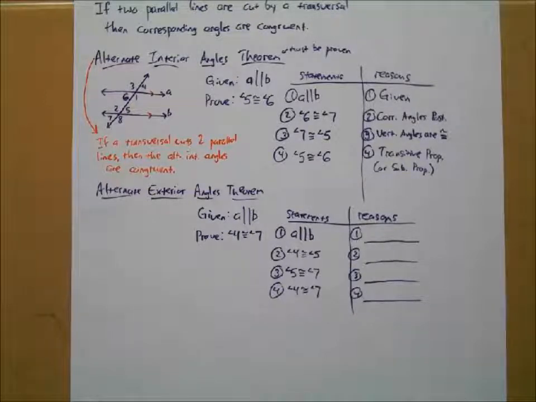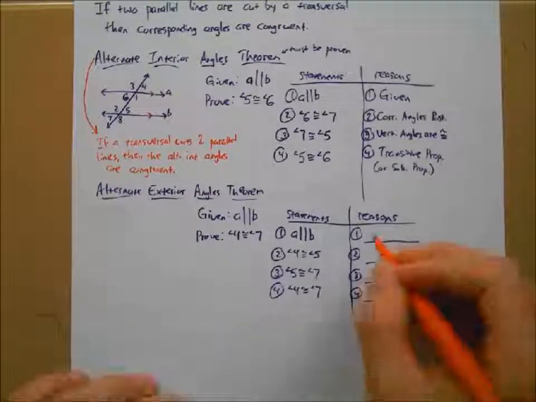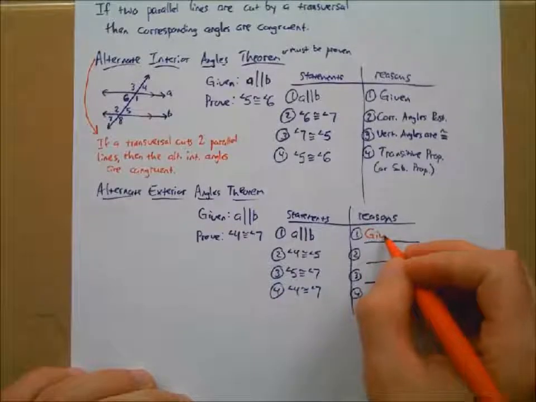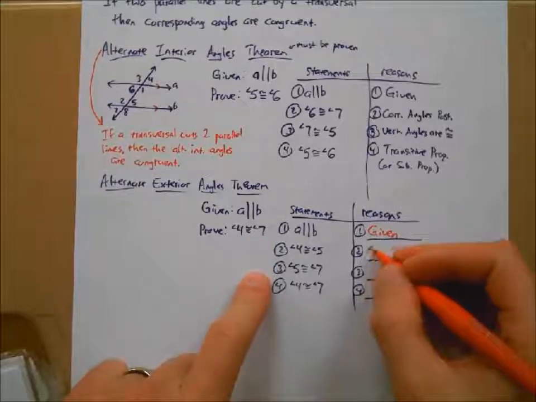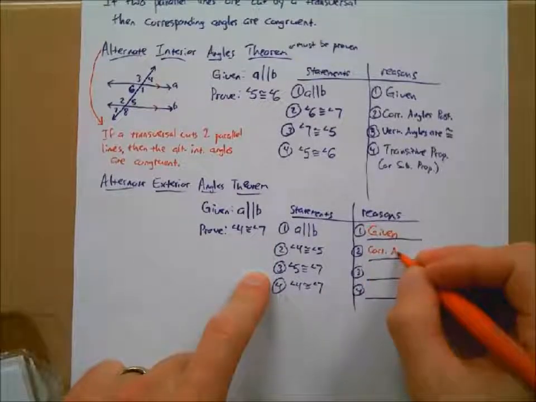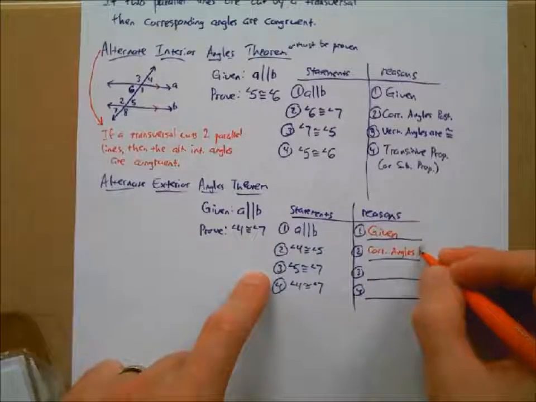All right, Maddie, number 1. What did you give as the reason for that one? Given. Okay, very good, Maddie. Let's go to Eli. How about the next one there? Corresponding, so that'd be the corresponding angles postulate. Okay, very good, Eli.